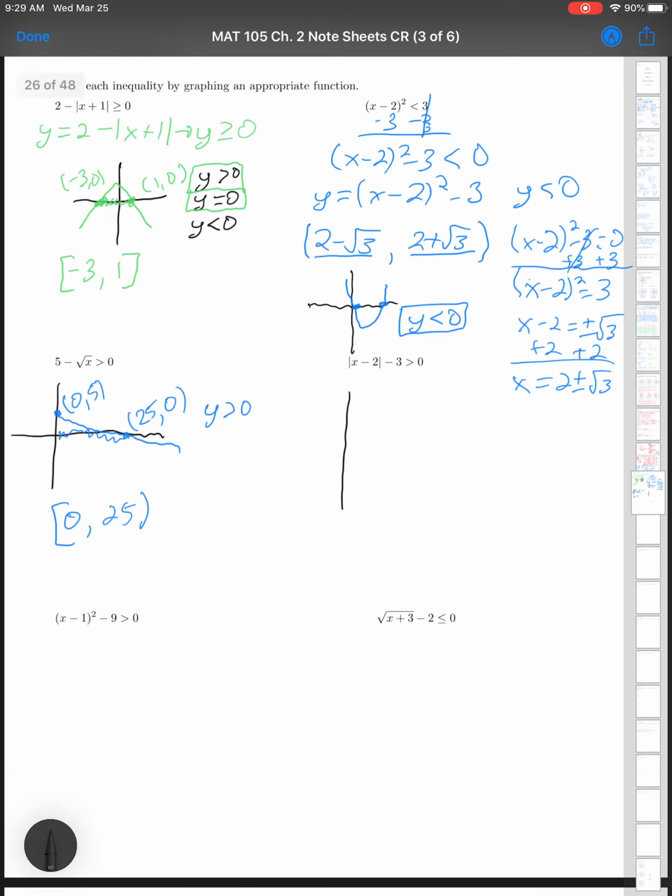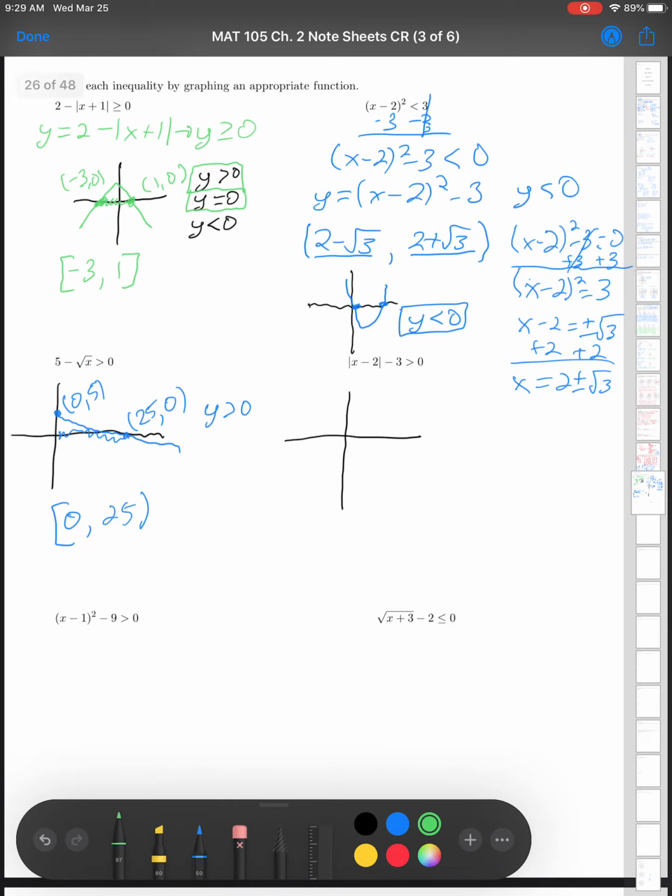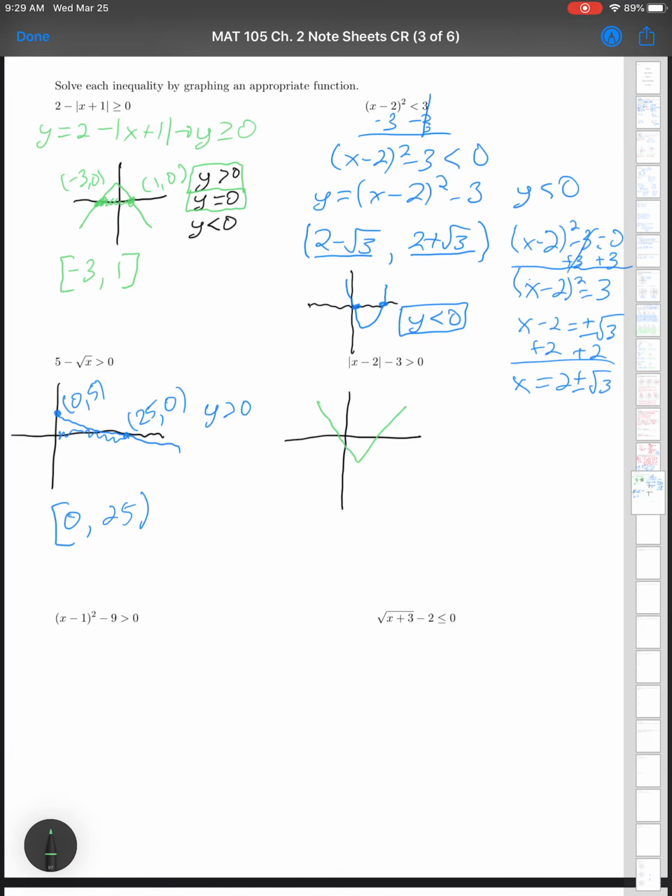So in our notes, we could draw a little graph if we want. Okay, so this one looks like this. So we've got -1, 0, and 5, 0. And in this case, we're trying to be greater than 0, so we want the part that is above the x-axis.